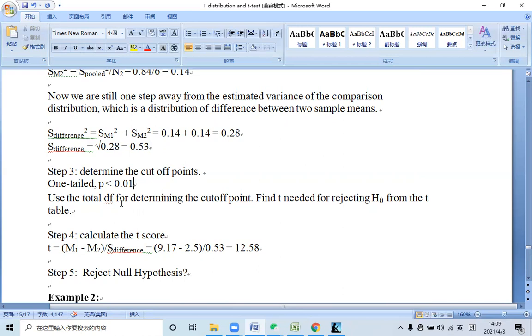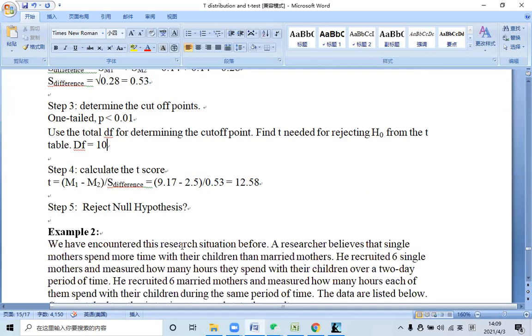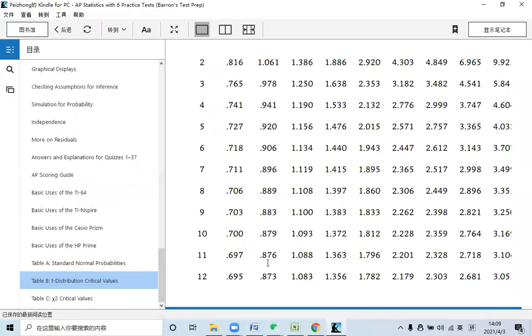And we need to find out the cutoff. To find the cutoff, we use the DF. What is the DF? Total DF. That would be 10, the sum between the two groups. Let's find the cutoff. DF equals 10 here.